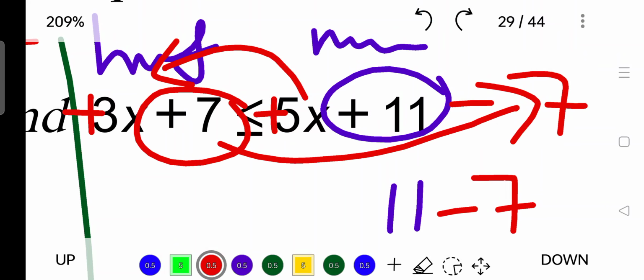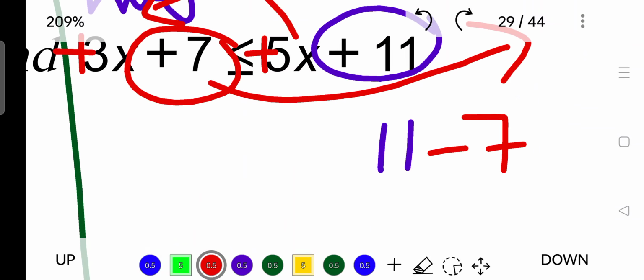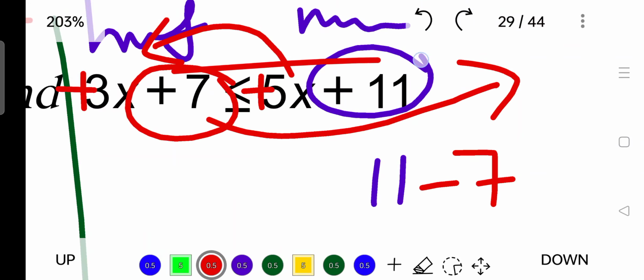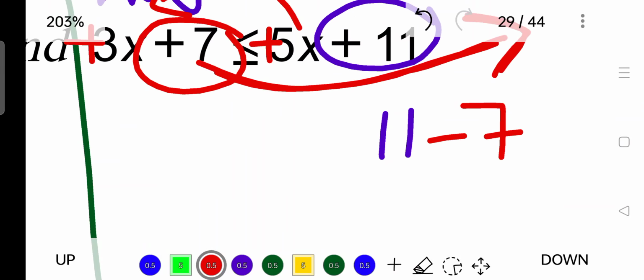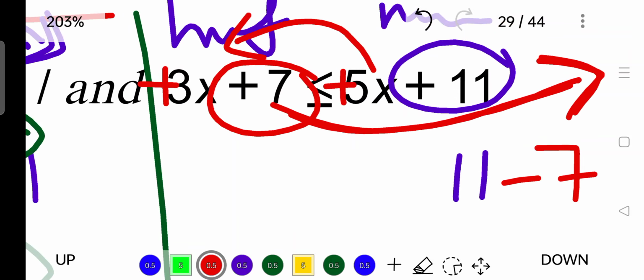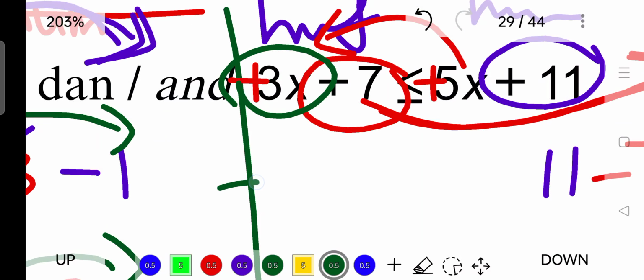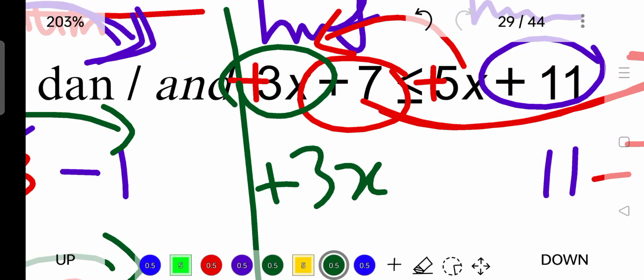So we are definitely not going to write plus 7 or minus 7 in the same equation, but you can put an arrow to show that is your plan, that is what you're going to do next: minus 7. So minus 7 I've brought over here. And how about this side? Plus 3x is at the right place, so I leave it over there.